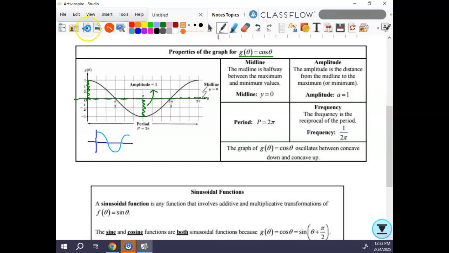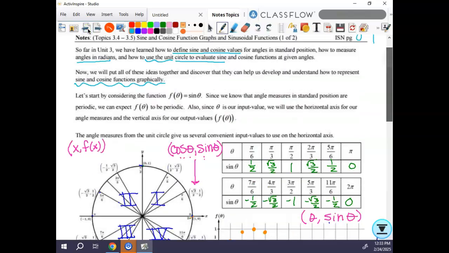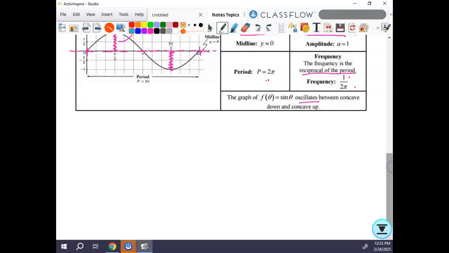And then go back to sine, because we didn't do it on sine, but we need to do the same thing. In sine, the little parent function would look like this, okay? And then there are 5 key points. There are the beginning of the period and the end of the period.